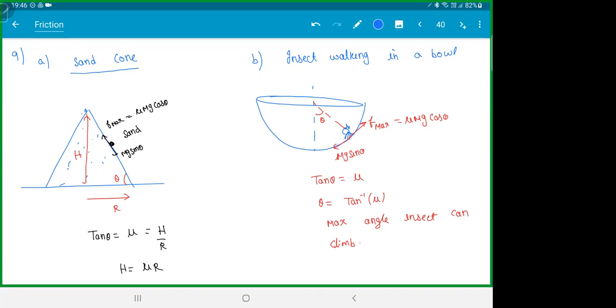Suppose this bowl is not exactly spherical, you can also write tan theta as dy by dx and find the y and x coordinates. Okay. Let's see a good question on this angle of repose. This is how they can frame questions on this.